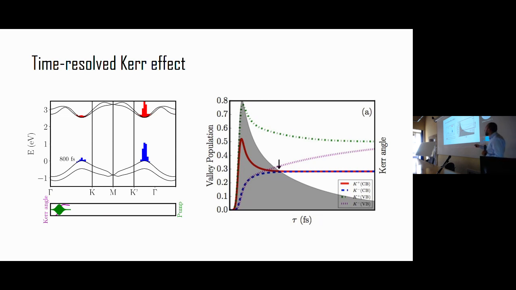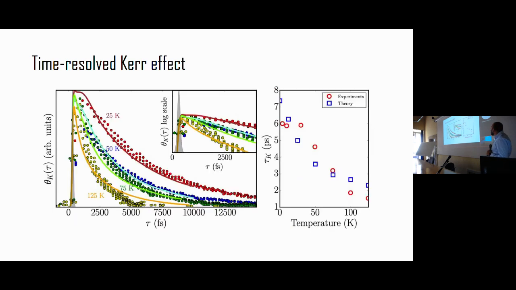For example, electrons scatter intervalley much faster than holes, which scatter much slower. And this is because this is basically spin up 99% and this is spin down 99%, so the electron-phonon matrix elements from here to here are very small. And here they just have more paths to scatter. So we did the comparison with the experiment and it was more or less fine.